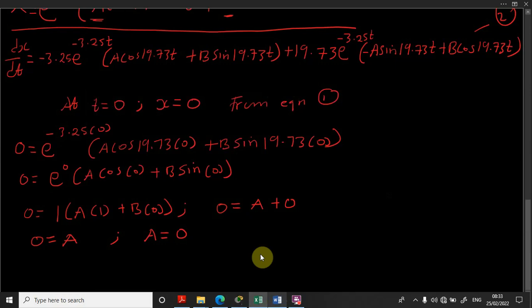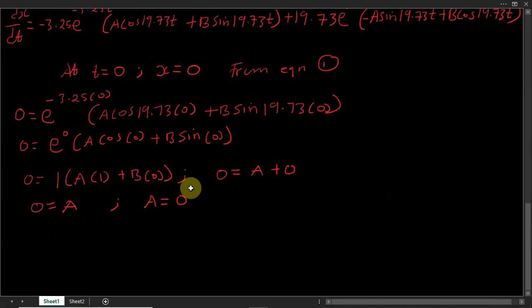So our second condition becomes this: when the time was still 0, our velocity v is actually dx/dt.